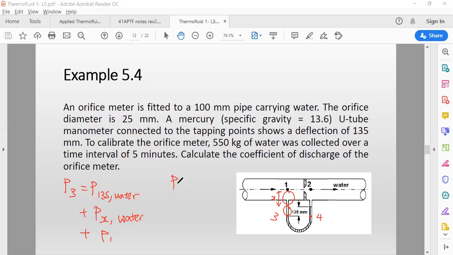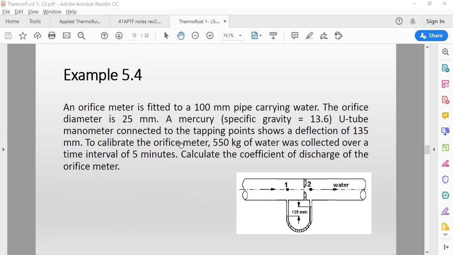How about P4? P4 is the same thing, 135, but today this 135 is mercury, plus my Px, water, this part, plus my P2. So it's the same step, P3 and P4.